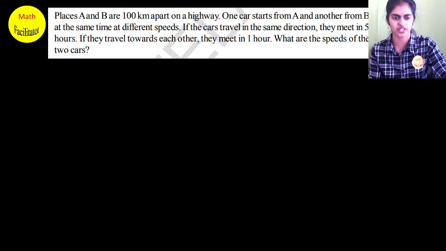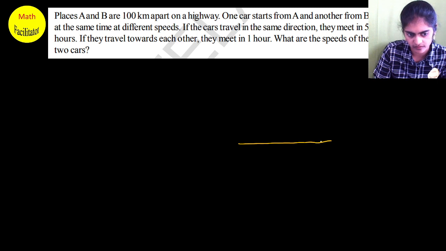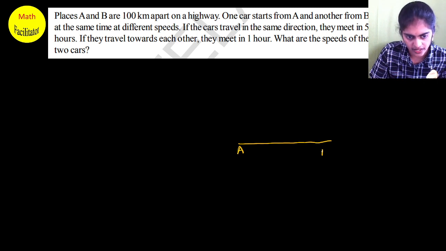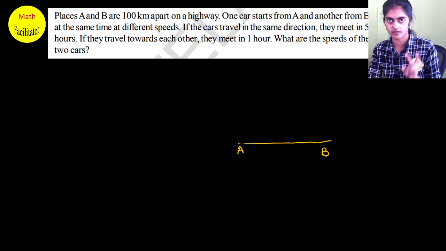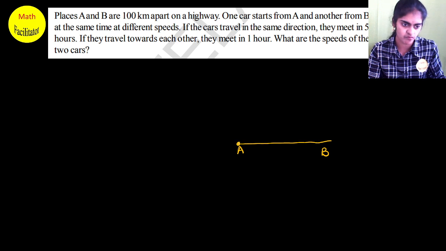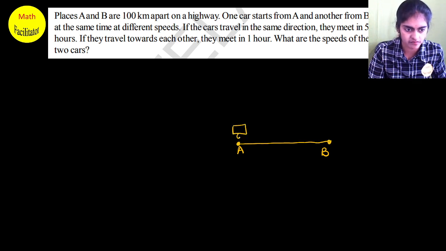Okay, to solve this question, let me show you a figure. This is point A, point B. They are saying there are two cars which are starting from places A and B. So I have a car here and I have a car here.